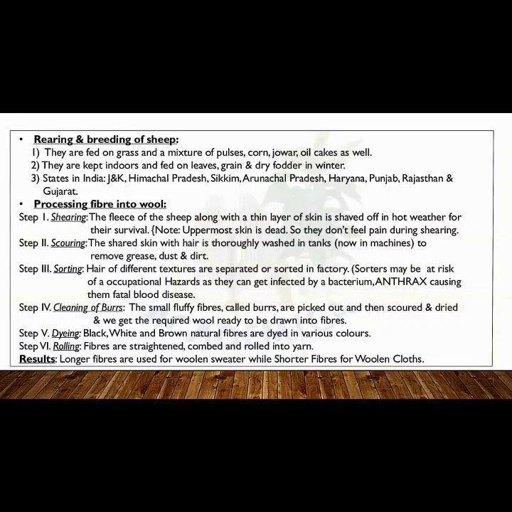Look at these steps or the definitions given on the screen, starting from rearing and breeding of sheep. During rearing and breeding of sheep, the animals from which we can get wool are fed on grass and a mixture of pulses, corn, jowar, and oil cakes as well.